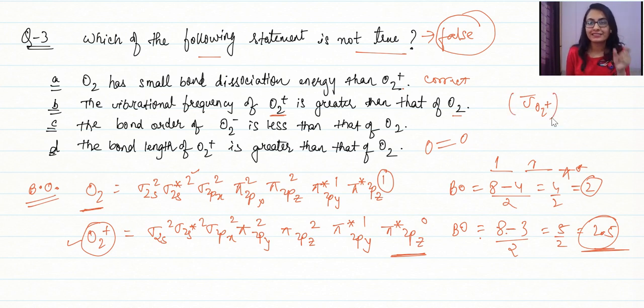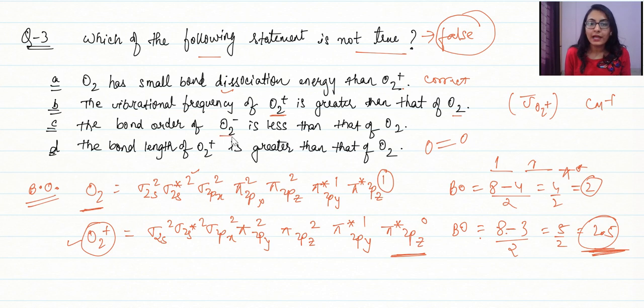I think you have studied a little bit of spectroscopy. We mostly express the vibrational frequency in wave numbers, given in centimeter inverse. So if the bond is stronger, greater energy is required for vibrations, and it is going to have a greater vibrational frequency.